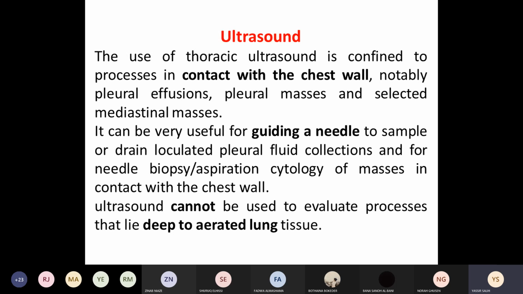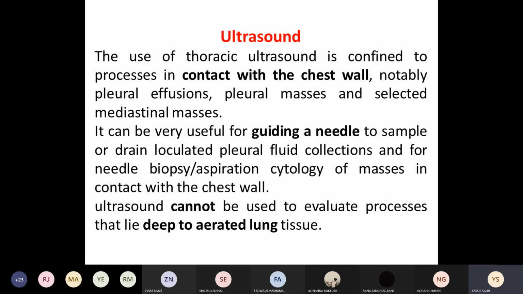But in general, the ultrasound is not frequently done for assessment of the lung lesion, especially the deepest one. But if the lesion is superficial and if there is an effusion, ultrasound is a good technique for any structure containing fluid. And it is a good technique for detection of pleural effusion and superficial lesion in pleura and some mediastinal tumor.